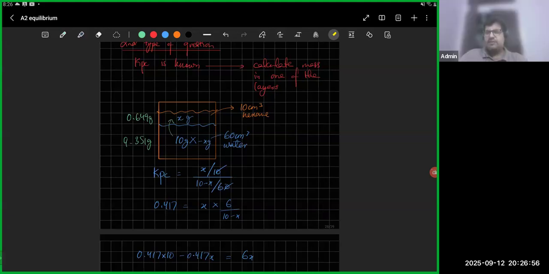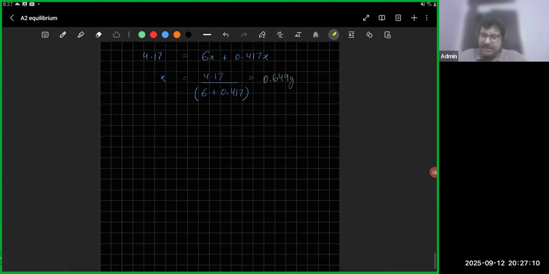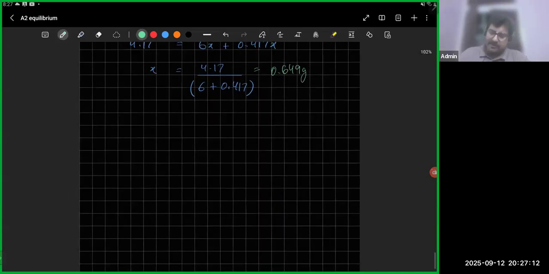Okay, this is KPC. Just two questions on KPC. One is you find KPC, and the other one is that KPC is known and you have to work your way backwards. In this, sometimes they link KPC with intermolecular forces.